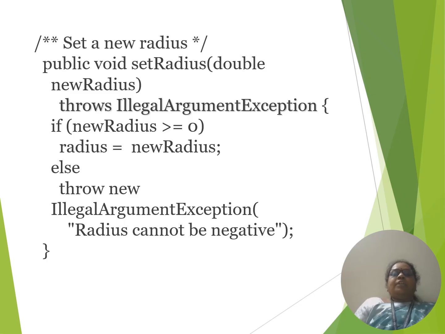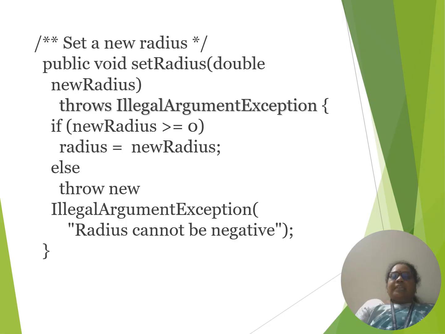For example, for the throw keyword: public void setRadius(double newRadius) throws IllegalArgumentException. When we are giving the radius of the circle, it must be a positive value only. That means it is greater than or equal to 0, not a negative value.